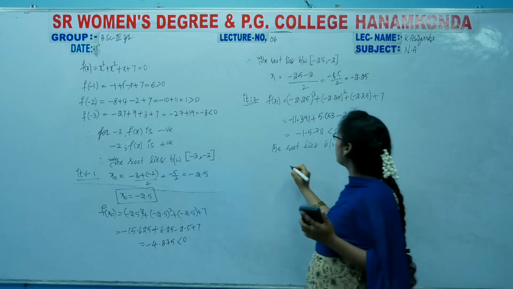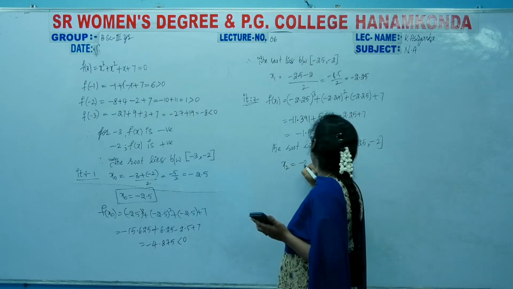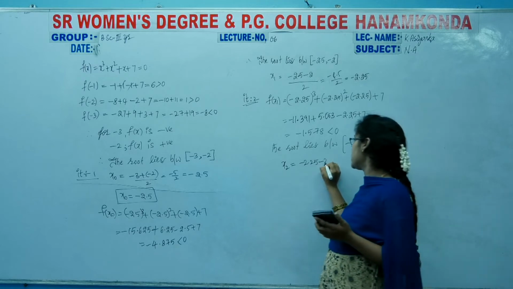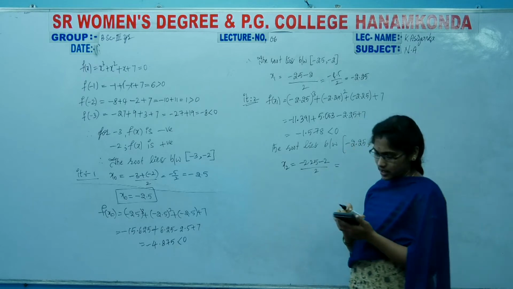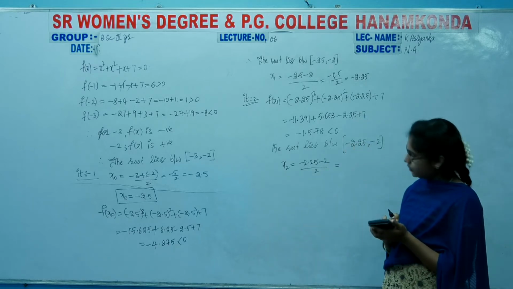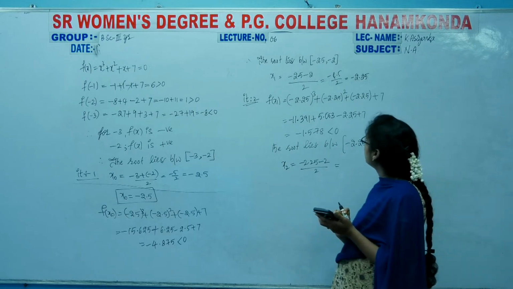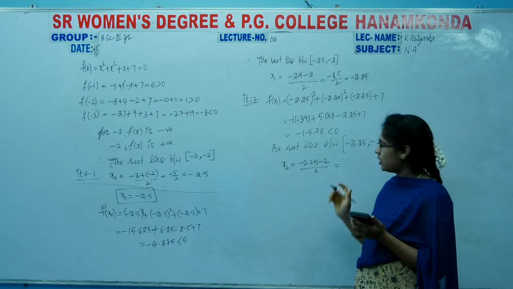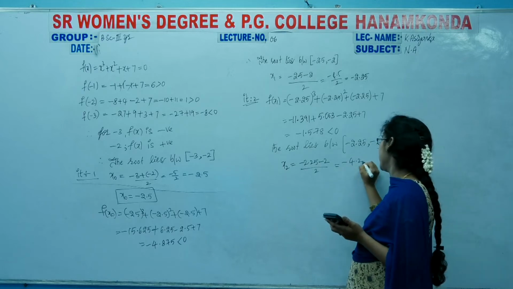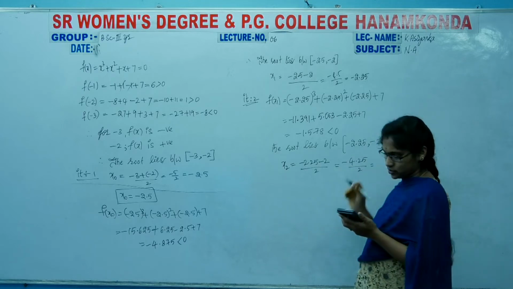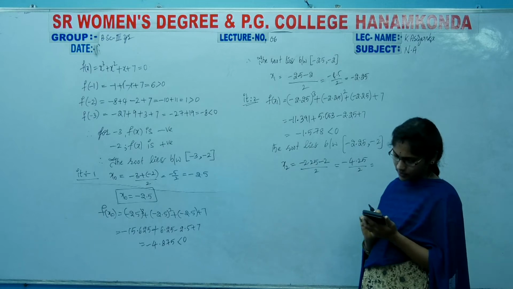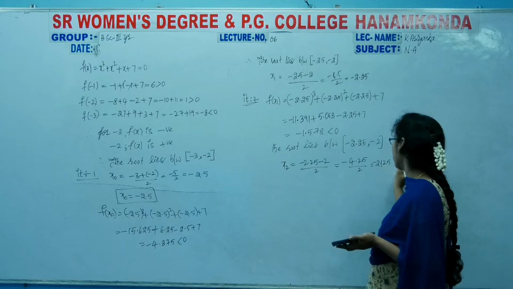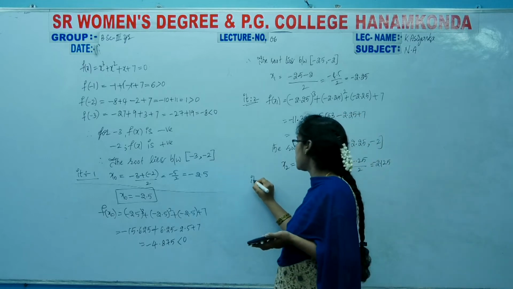Now what we have to calculate is x2. x2 is (minus 2.25 plus minus 2) by 2, then 2.25 plus 2, 4.25 by 2. So what do we get? 2.125. Again, next iteration number 3.